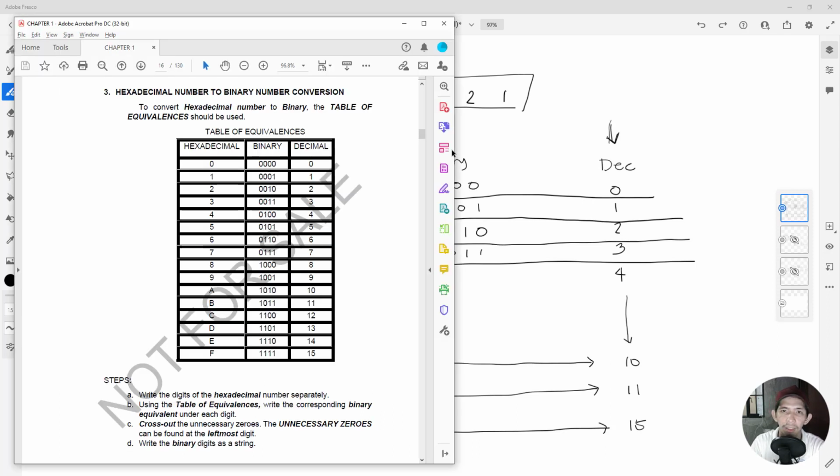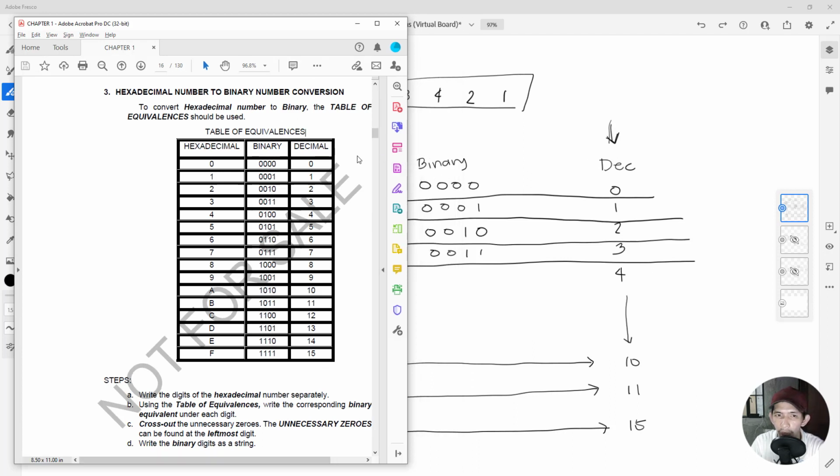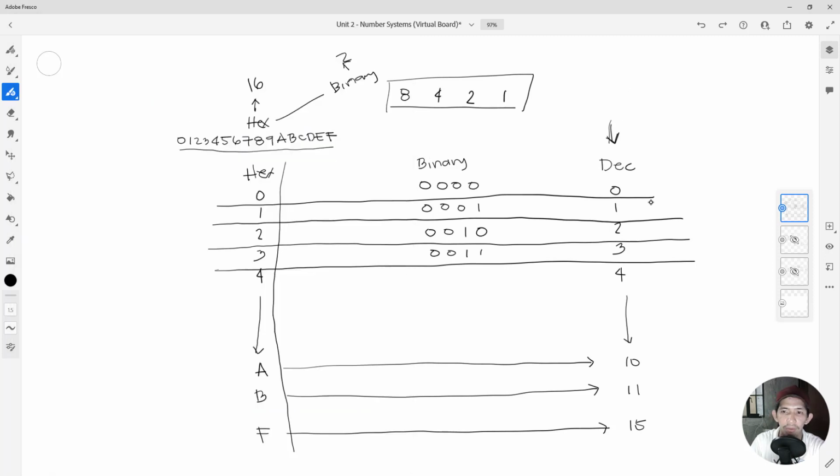So, check nga natin, tama ba tayo so far? Last, for number 4, the answer is 0, 0, 1, 0.